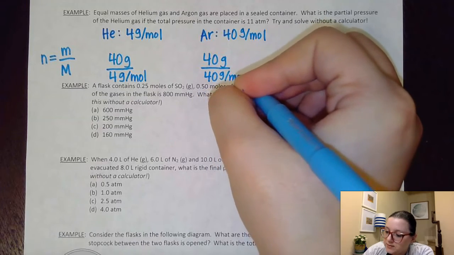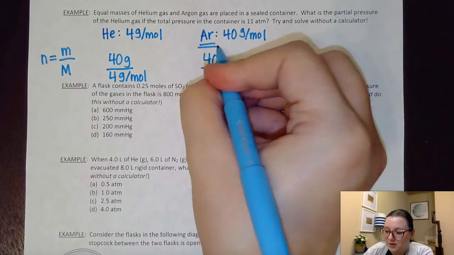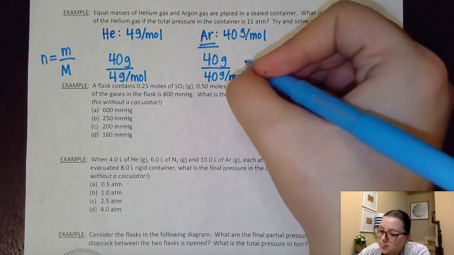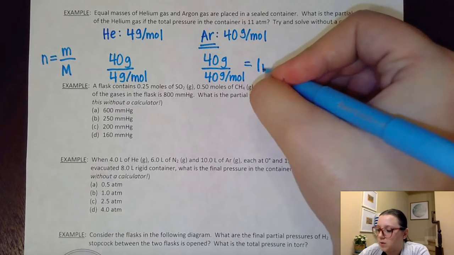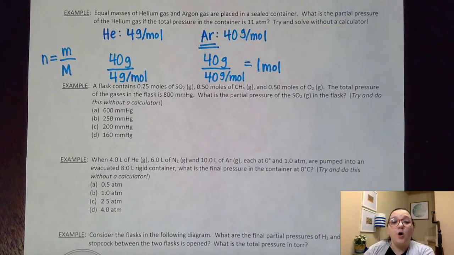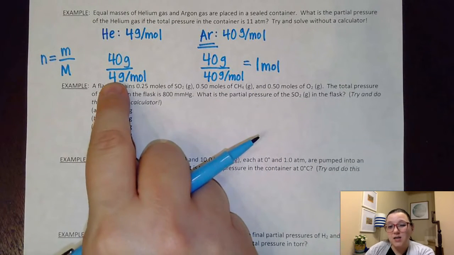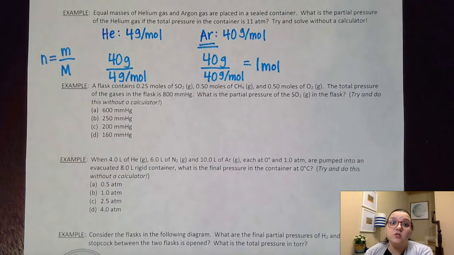Hopefully we can see the reason I picked 40 grams for argon was so that this would come out to a value of 1 mole. Over here, I picked the bigger of the 2 molar masses because dividing by something smaller ensures that I end up with a whole number versus a fraction.